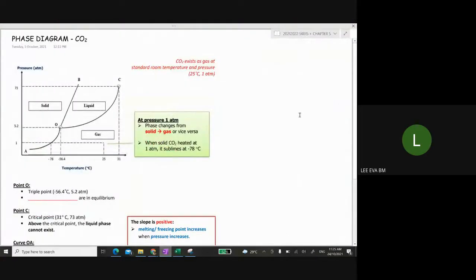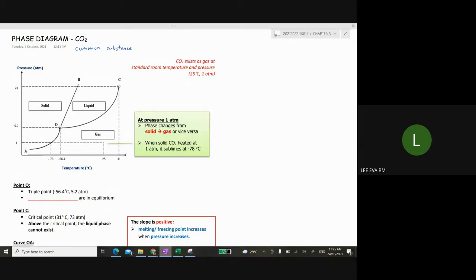The next one we want to go into is the phase diagram for carbon dioxide. You can also jot down underneath your phase diagram: carbon dioxide, or a common substance. That means it's the normal scenario.